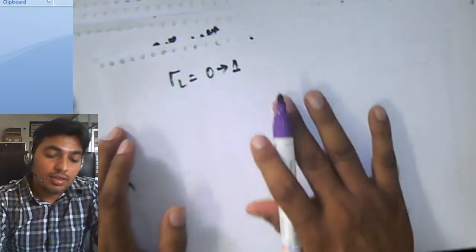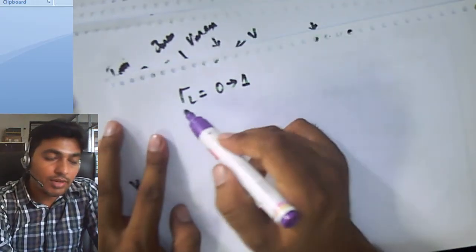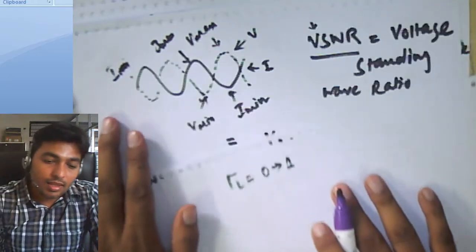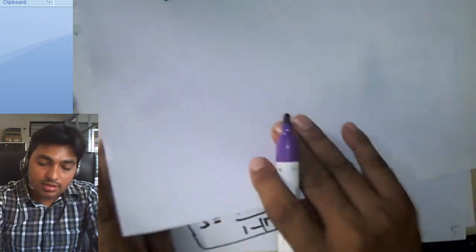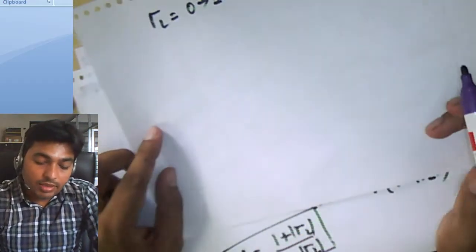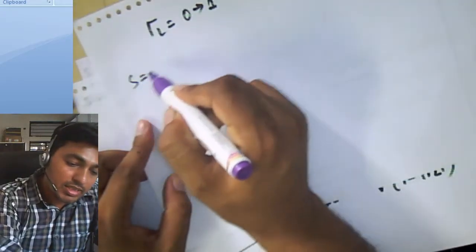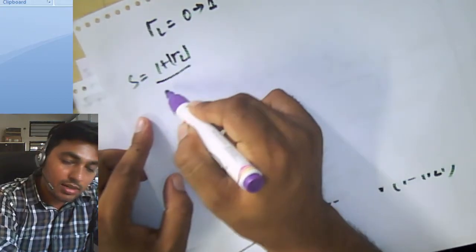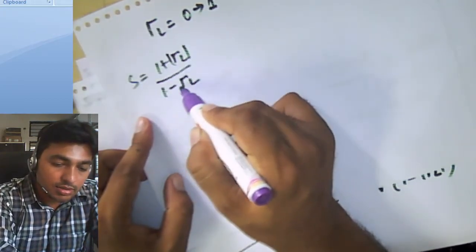Now the voltage standing wave ratio is 1 plus reflection coefficient divided by 1 minus reflection coefficient.